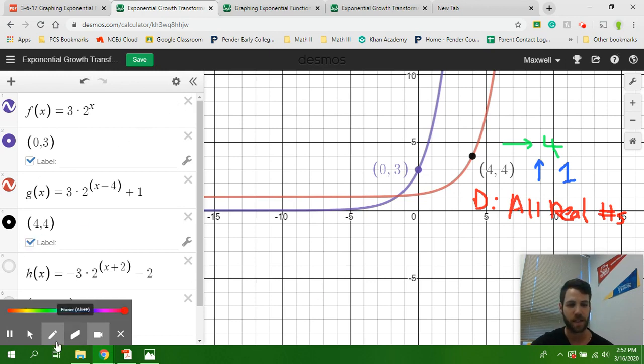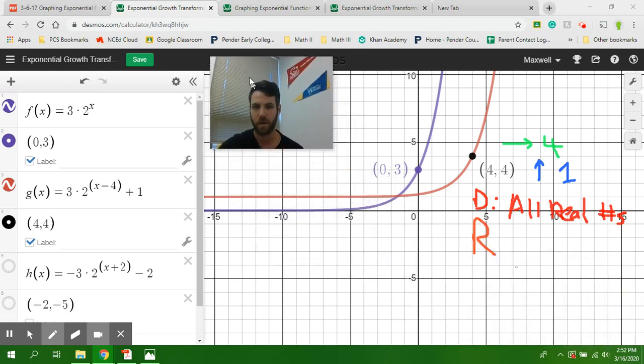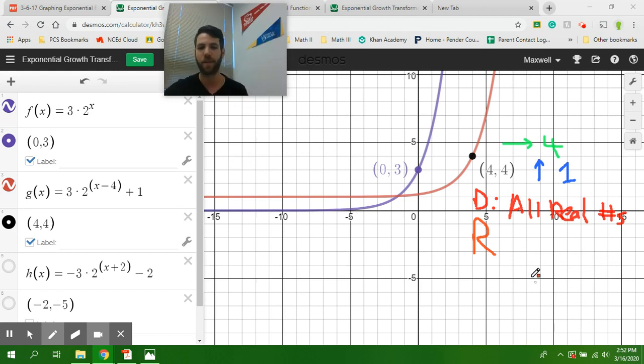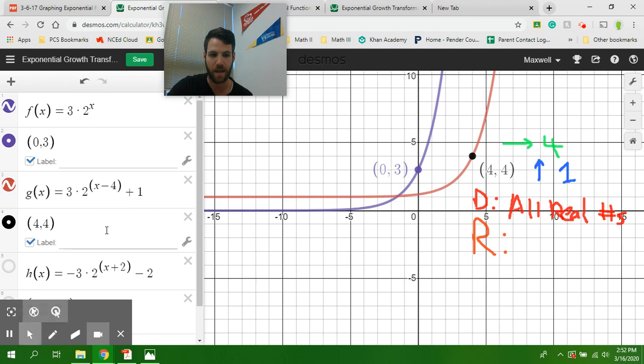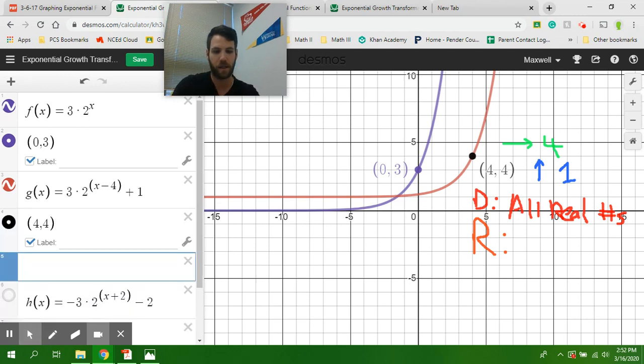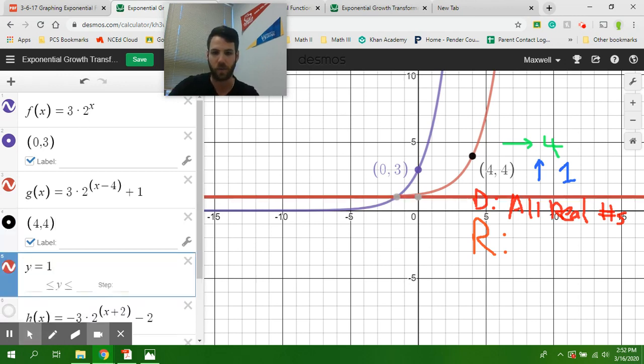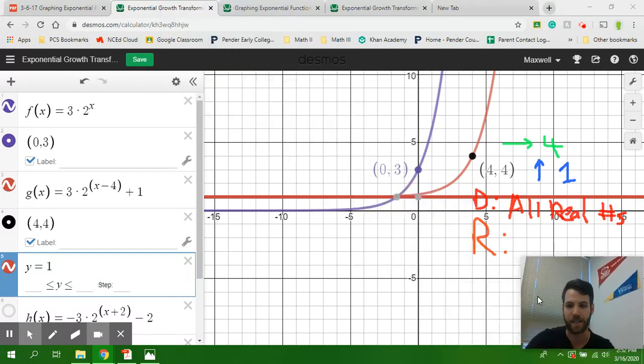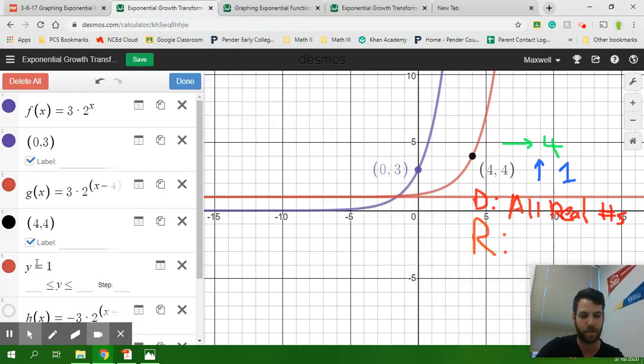The range can be slightly more challenging for a problem like this. And we want to make sure that we are paying close attention to that, in that if we have this red graph, we can see at 1 right here, and I can even add in a little imaginary line, y equals 1, and even make it a dotted line, so that we can see it a little bit better.